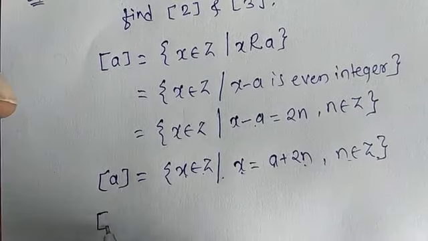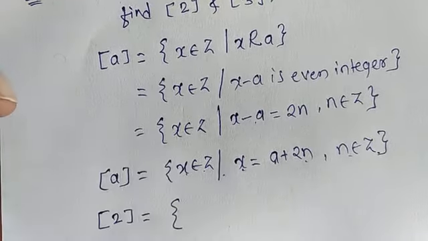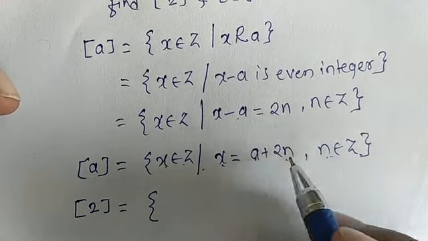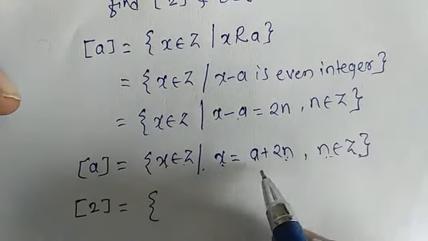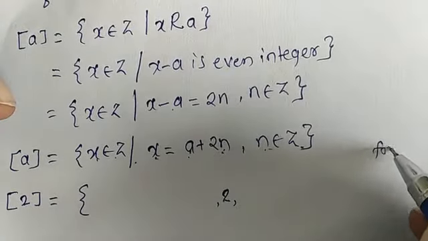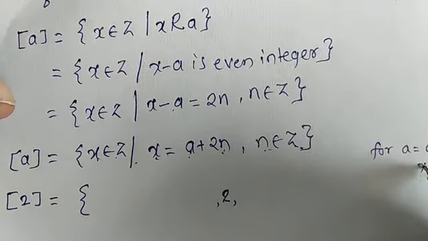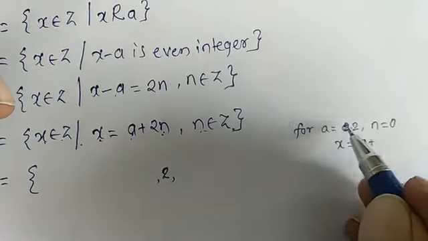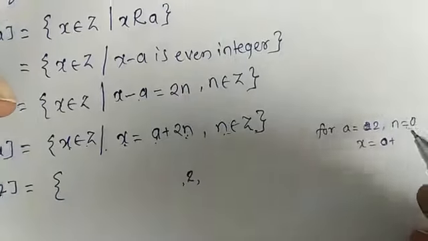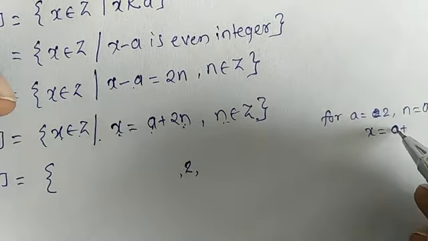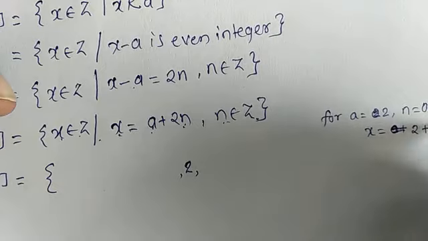Now we want to find the equivalence class of 2. We will start from n equal to 0. Here a is 2 and n is 0, so 2 times 0 is 0, and x is equal to 2 plus 0, which is equal to 2.